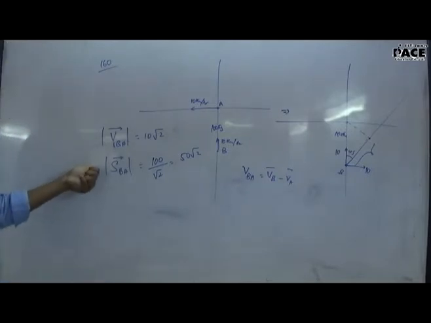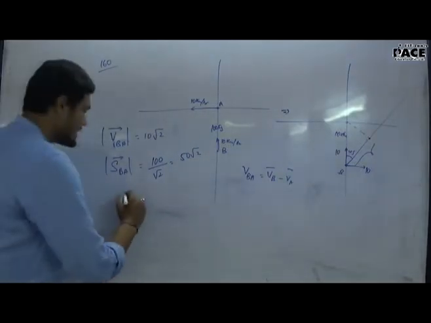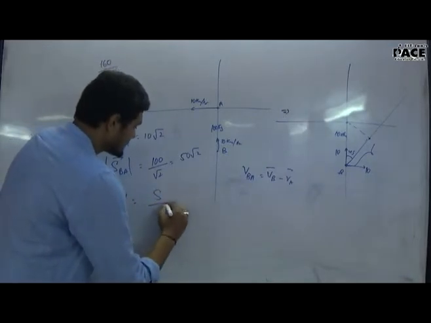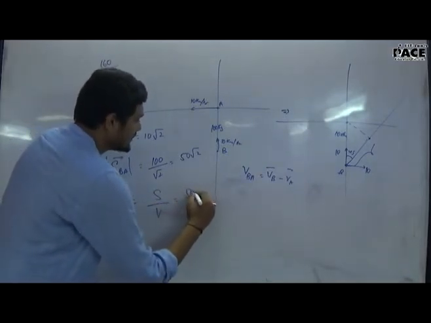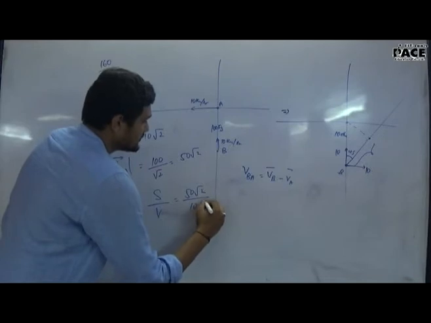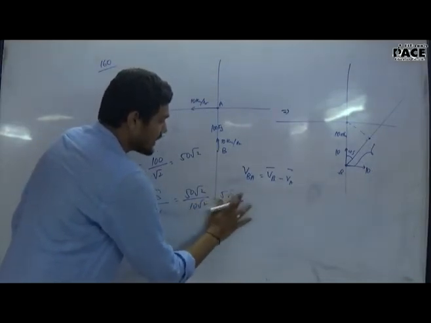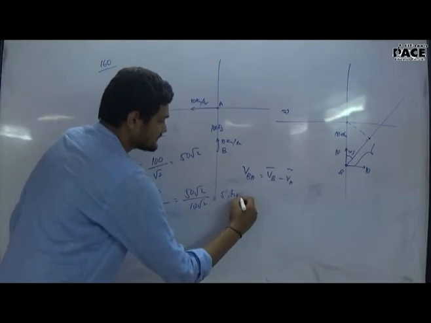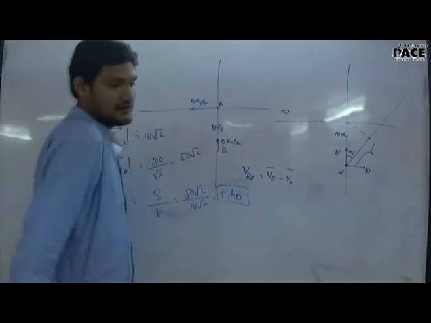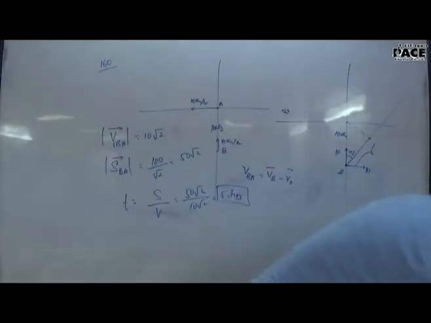If we know the magnitude of distance covered and velocity, we can find time. Time is s upon v, that is equal to 50 root 2 upon 10 root 2, that is equal to 5 hours. So option A is correct.